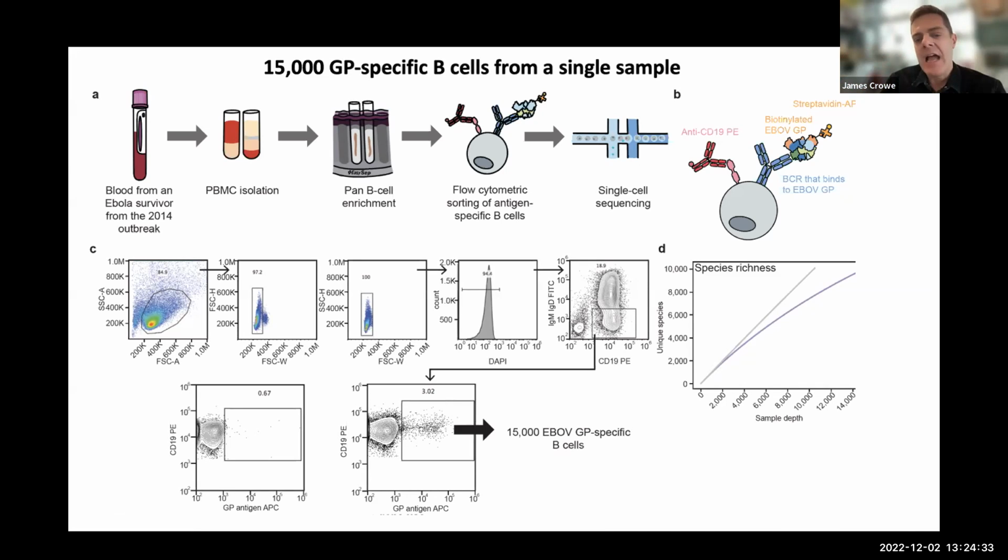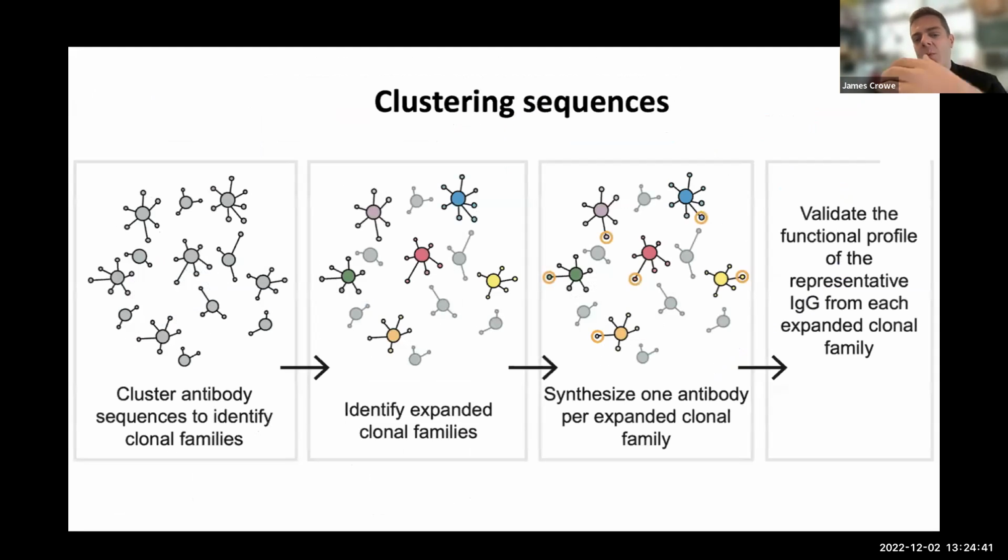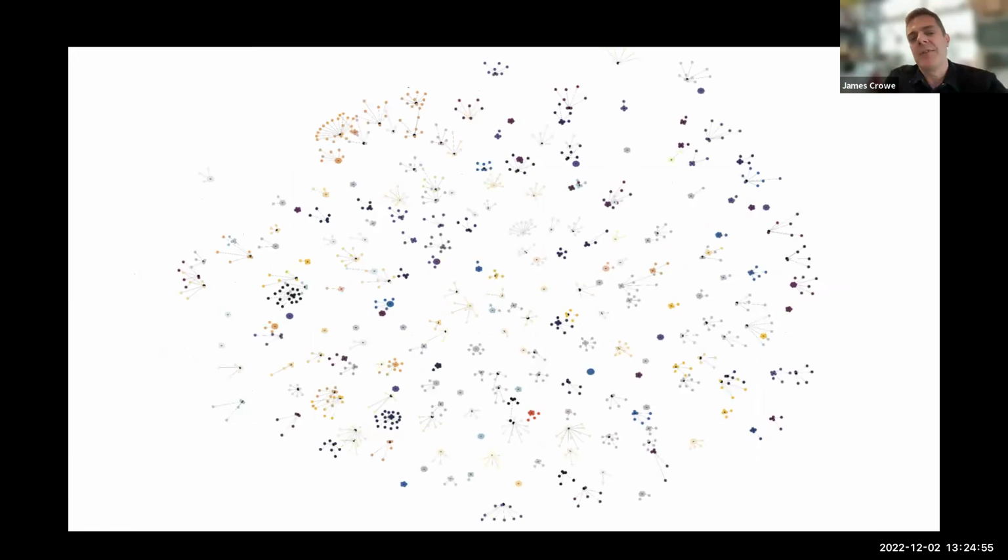And we predict that individuals have tens of thousands or more individual clones to a virus like Ebola GP. And so we know the sequences of all these because these were done with RNA-seq. And so we start doing clustering and say, well, are they all perfectly unique, or are they related into lineages or clonal families? And so if we start putting the 15,000 out, we can see, yeah, they fall into clonal lineages. There's a lot of colors on this.